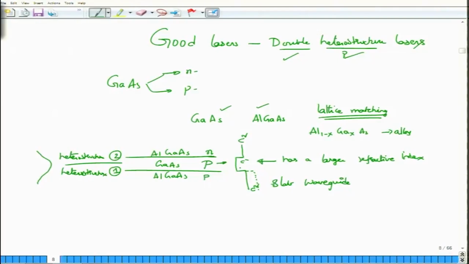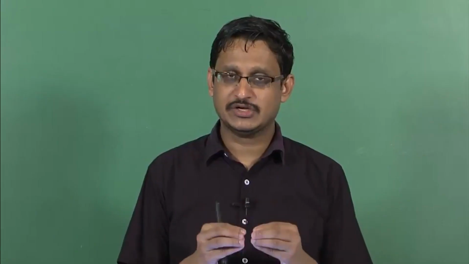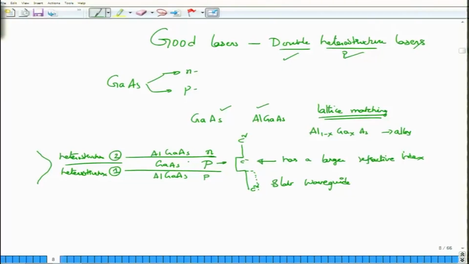This mode is confined by the central layer, which is useful because optical modes can then see the population inversion created by the injection of current, and when you couple it with a feedback mechanism it can lead to a very good laser. Of course, there is another point that you need to appreciate about this double heterostructure laser.